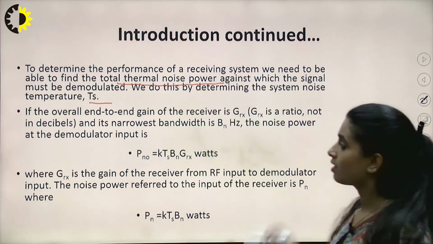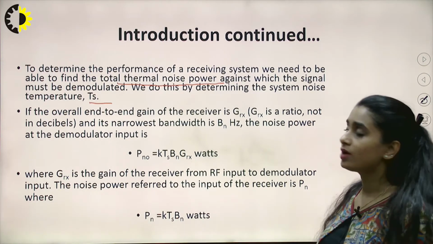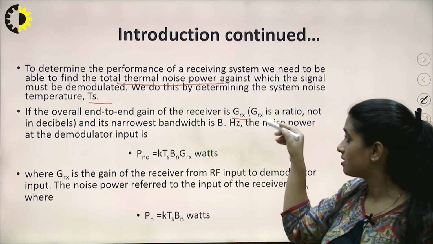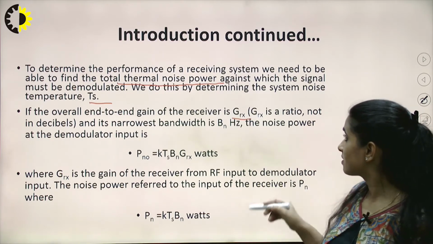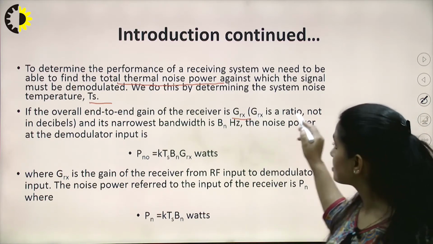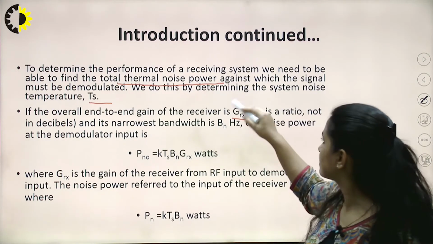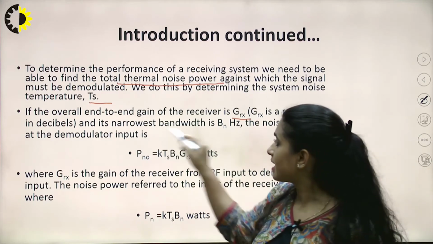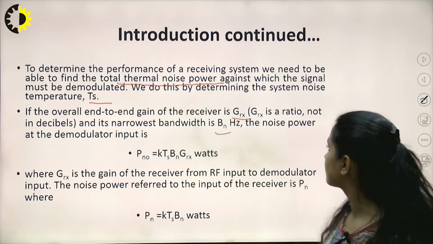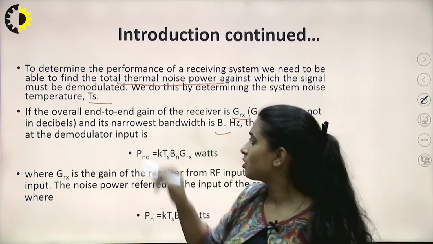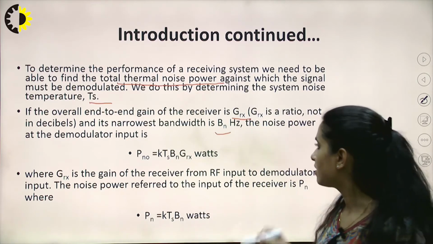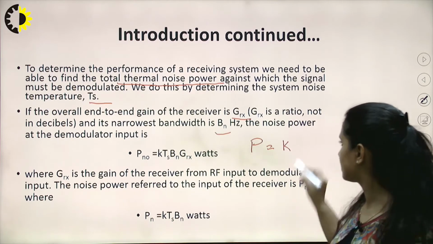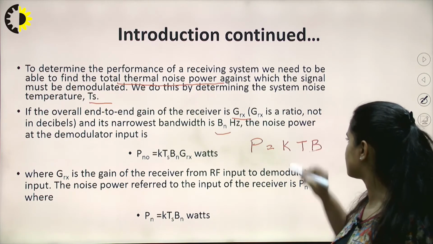If the overall end-to-end gain of the receiver is given by G_RX, this is the ratio, not in decibel. Then with its narrowest bandwidth Bn hertz, the noise power at the demodulator input is, as we already know, power equals Boltzmann constant, temperature, bandwidth, these three terms.